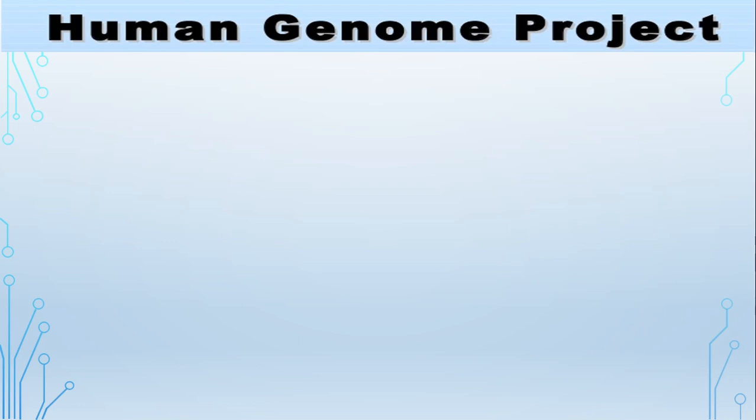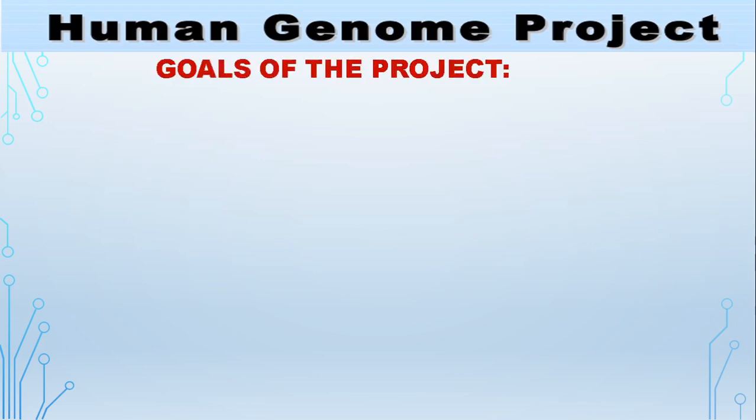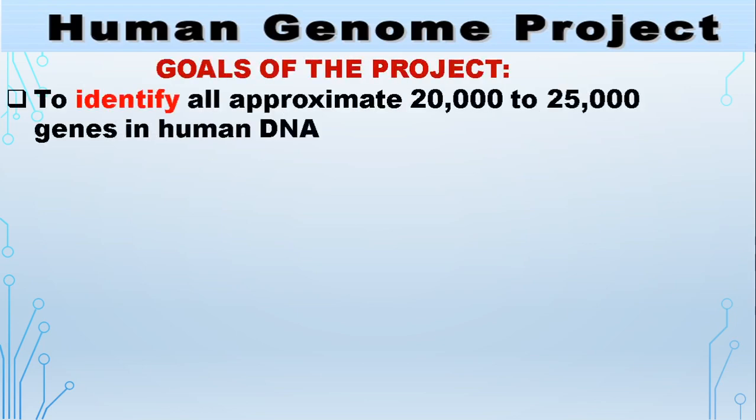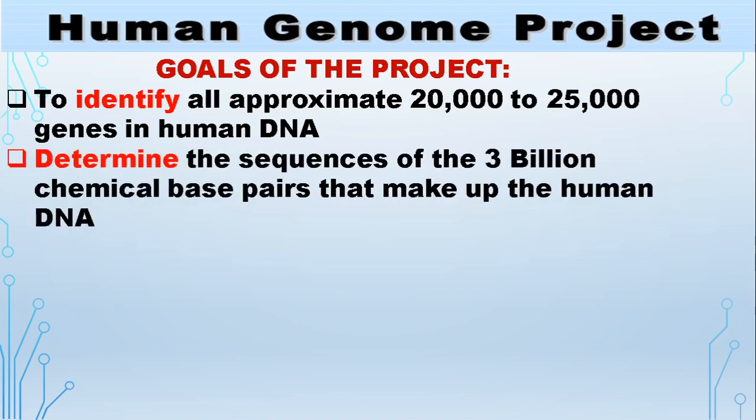So let us first try to understand what goals were set for the project. The first goal was to identify all the genes, which were estimated to be around 20,000 to 25,000 in human DNA, and to identify what type of bases make up all the genes.